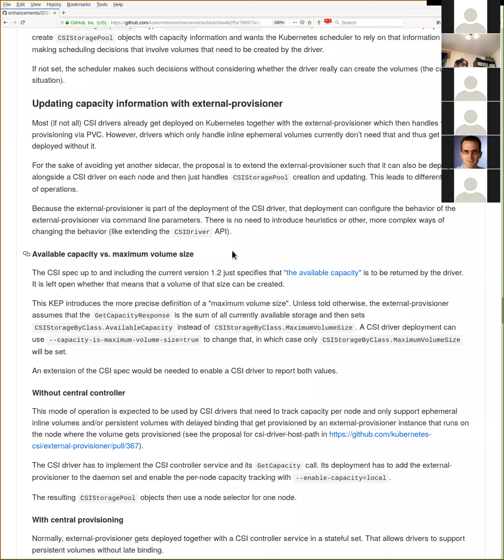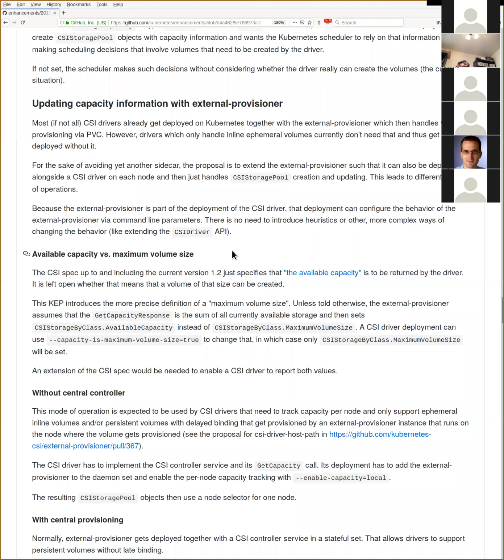Now, the other situation is where a storage system actually has fragmentation. And then the total available capacity might be considerably higher than the maximum volume size that actually can be provisioned, because you have one chunk at the beginning, some allocated space in the middle, and some space again at the end. And you can only create volumes that fit into these two parts at the beginning and at the end.